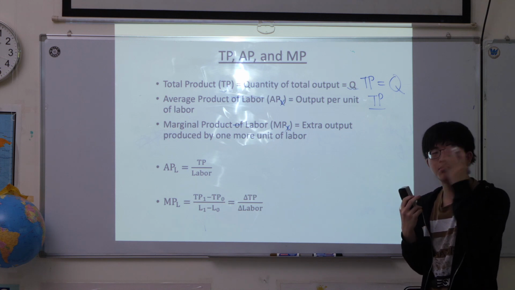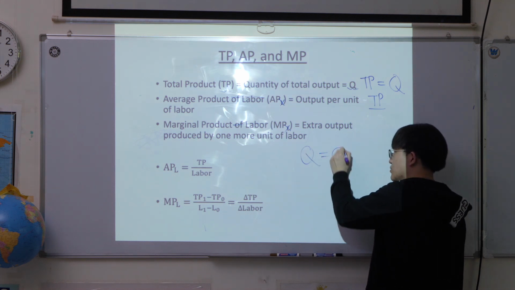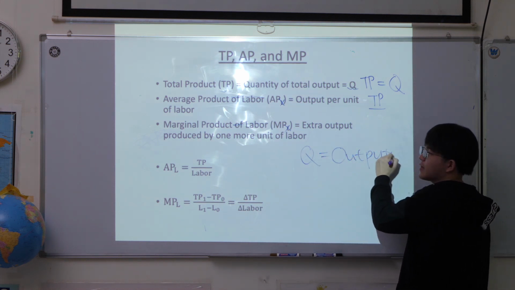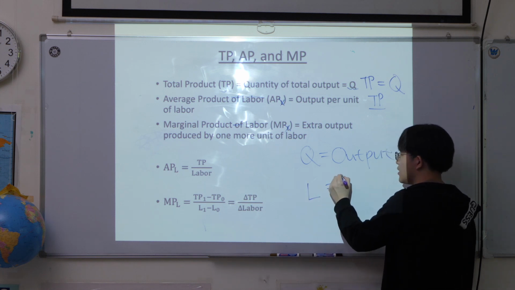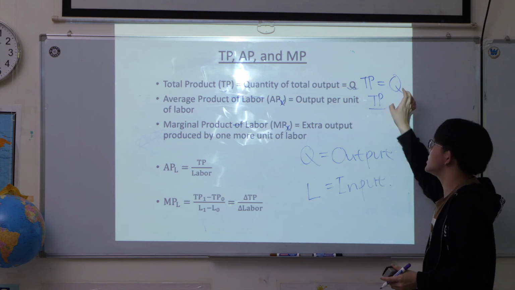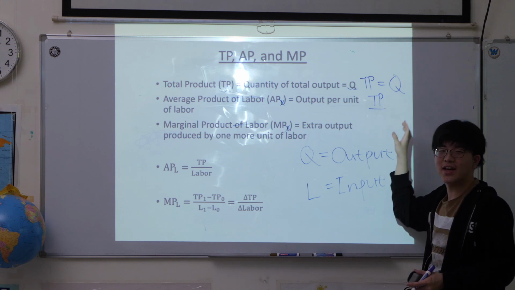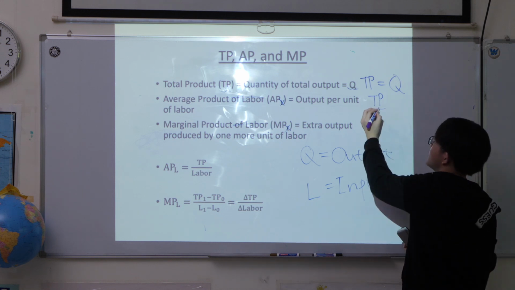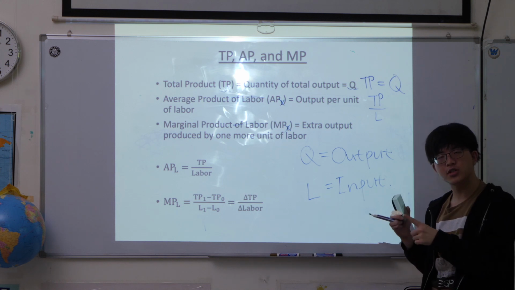Again, quantity is output, and the input in this case is labor. That is the reason why we divide the total quantity by the labor, so we can find out how much each person can produce for your company.